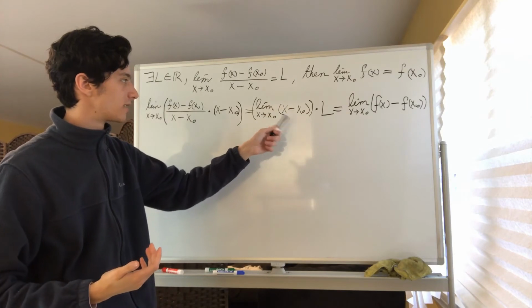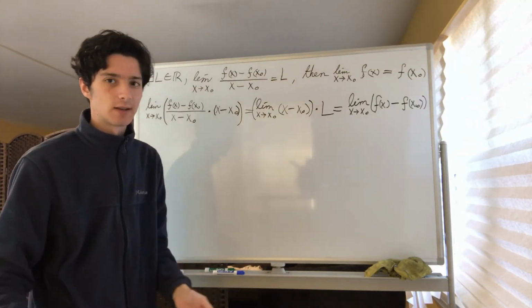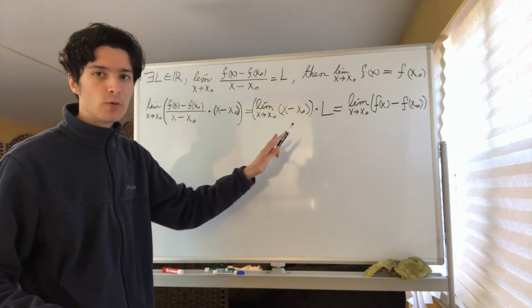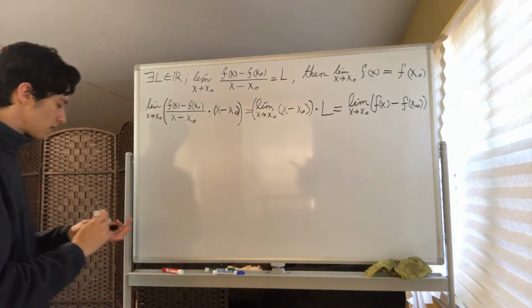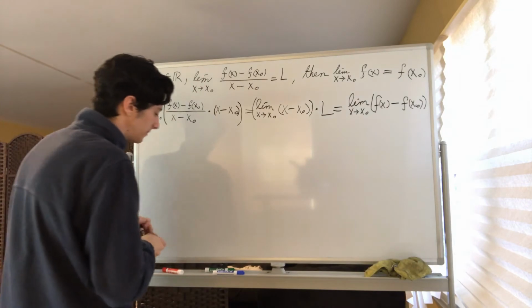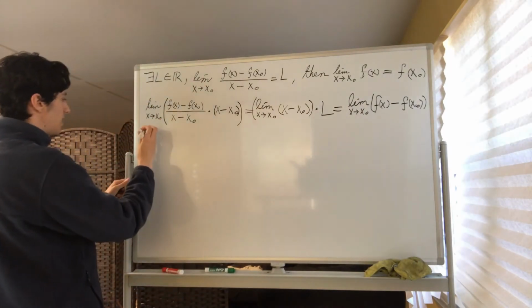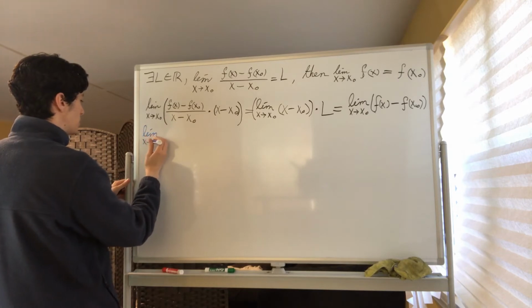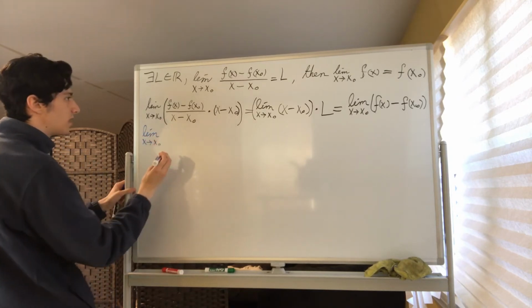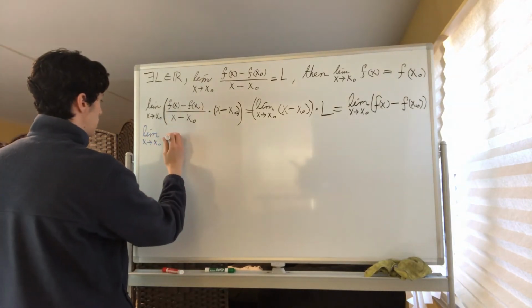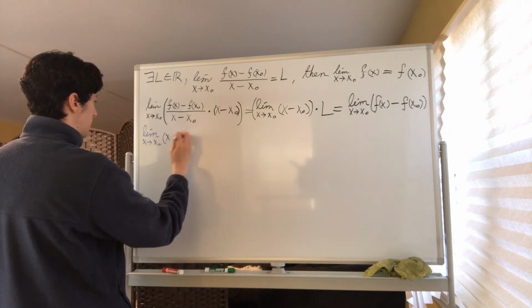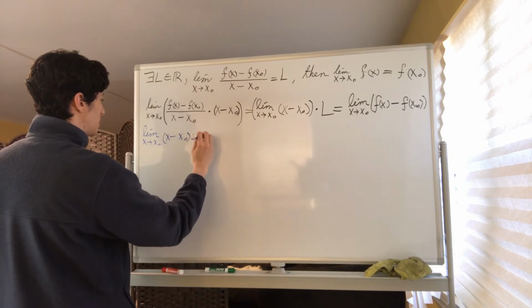Right? X is approaching x naught. So then surely that would be 0. And it is 0, but let's prove this idea. So we want to show that the limit as x approaches x naught of, well, the difference between x and x naught, we want to show this is equal to 0.